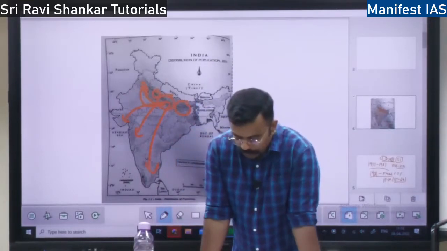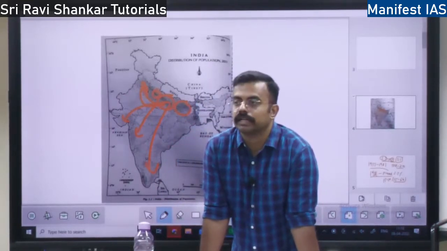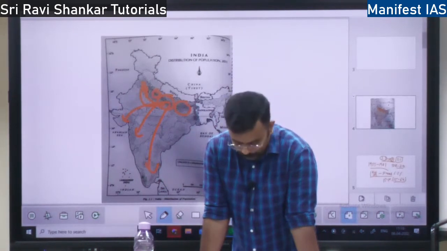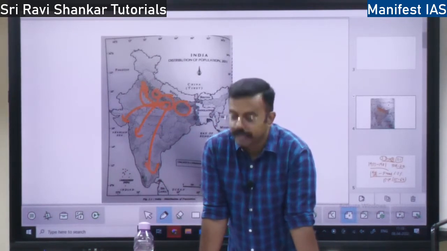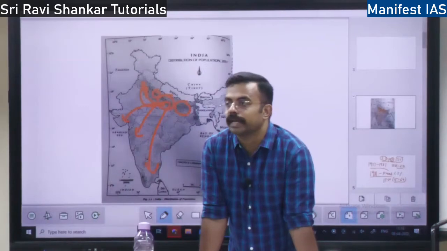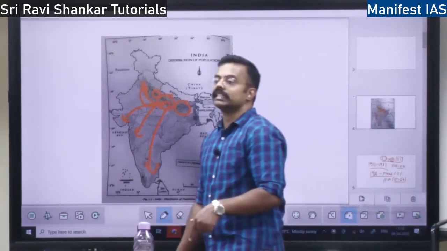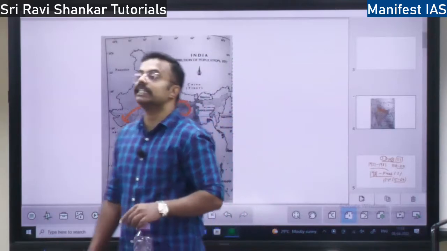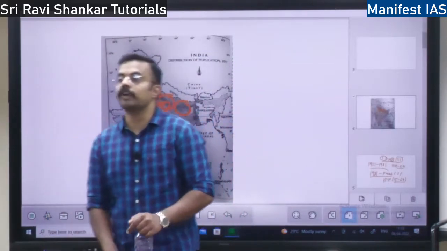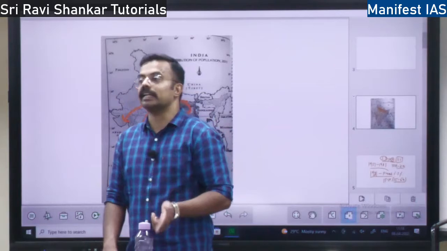So under streams of migration there are two categories: internal migration and international migration. Under internal migration you have interstate migration and intrastate migration. What is interstate migration? Moving from one state to another state.